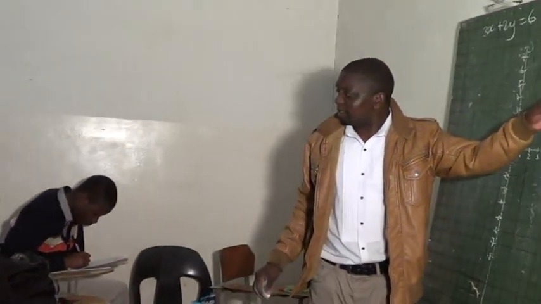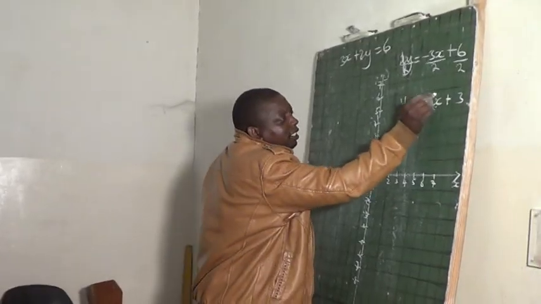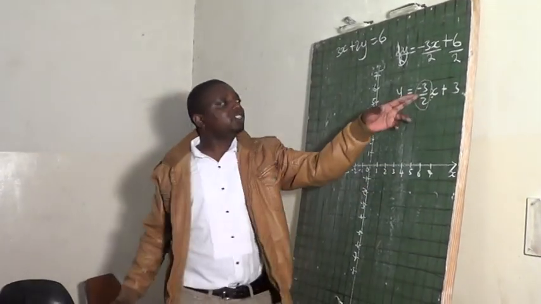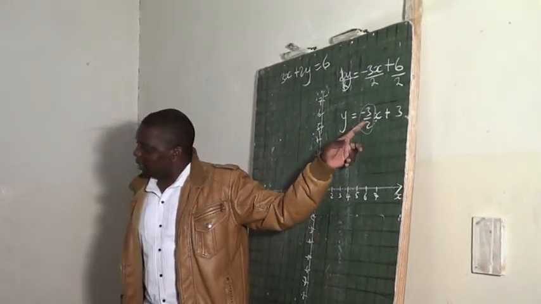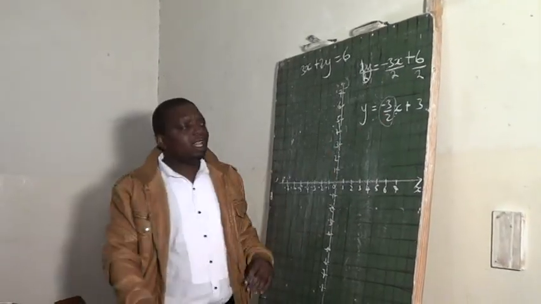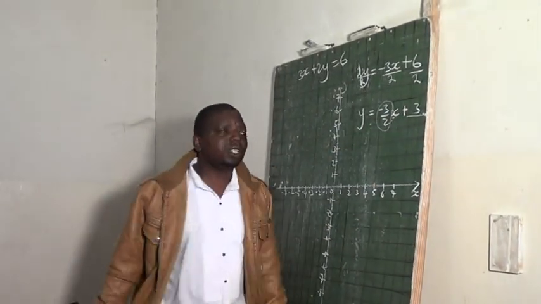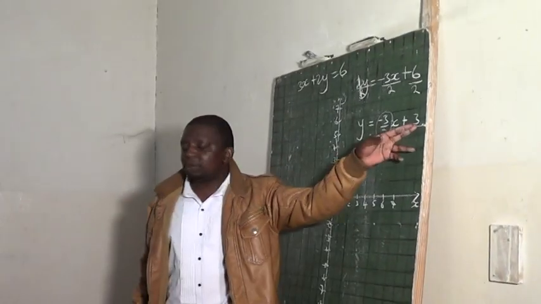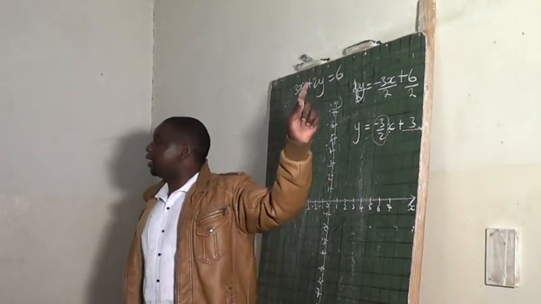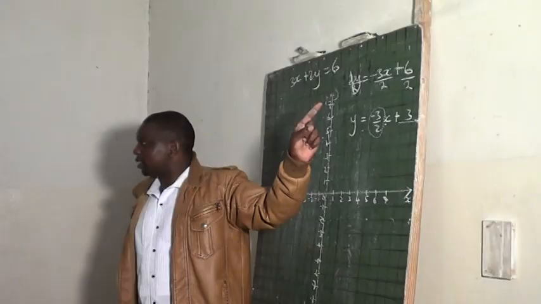And plus 3 is the y-intercept. Very good. This is x. It means the whole of this that associates x gives the gradient. And this one that does not contain any unknown, the third term there, it gives the y-intercept.